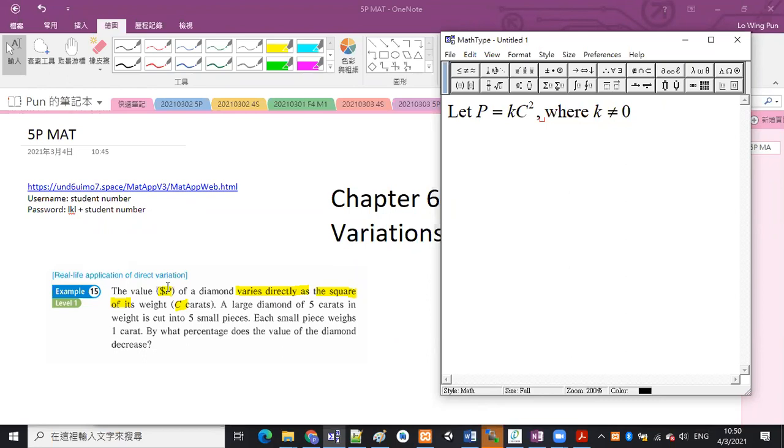A large diamond of 5 carats in weight is cut into 5 small pieces. Each small piece weighs 1 carat.